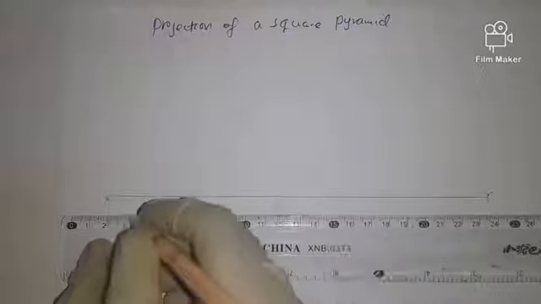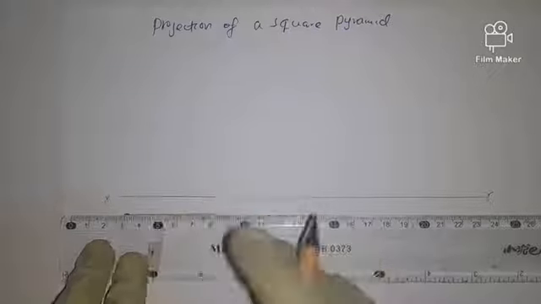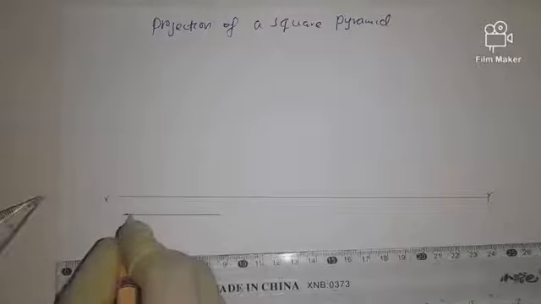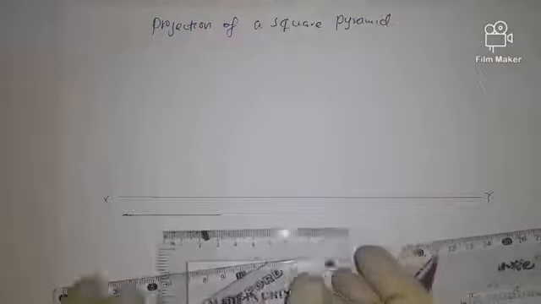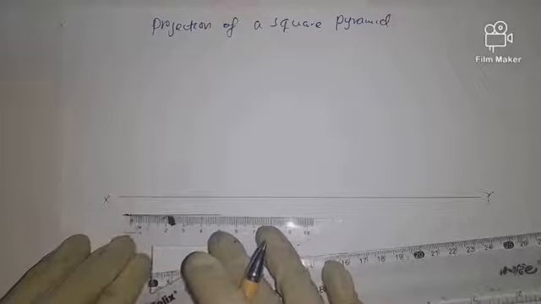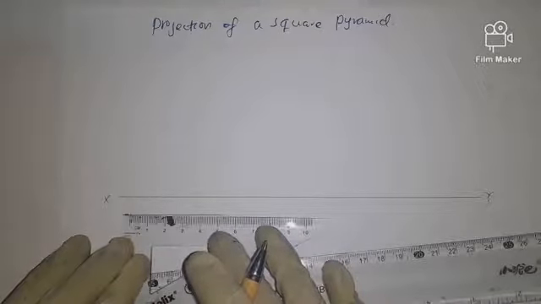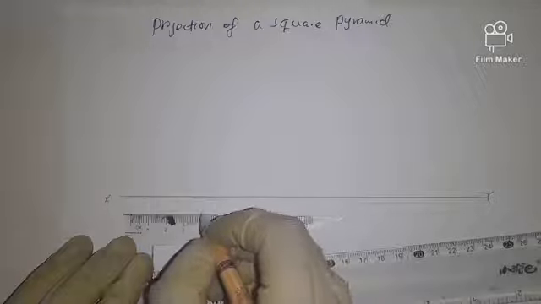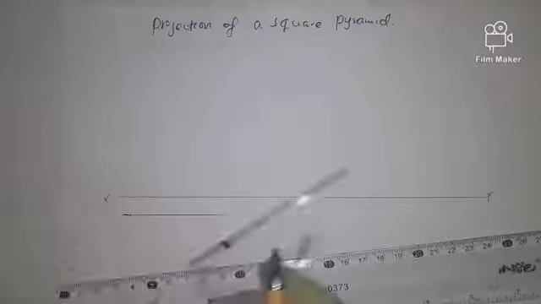So let me take this one as one of the sides. Then we measure 40 millimeter. So we can begin here. Now we measure 40 millimeter. We're actually drawing a square. This square here is going to be the plan.